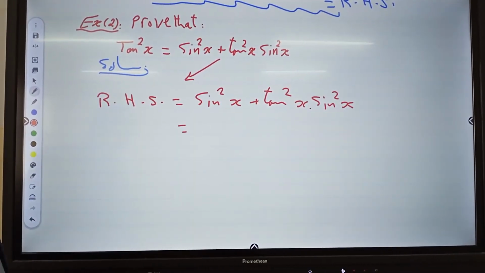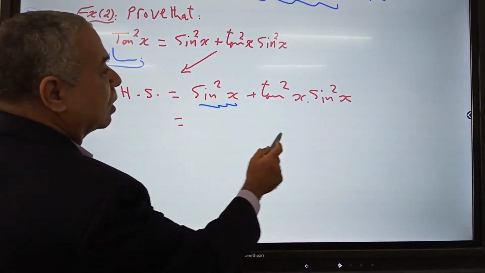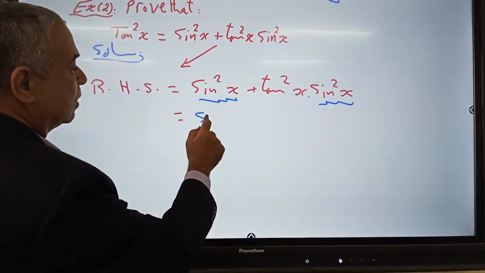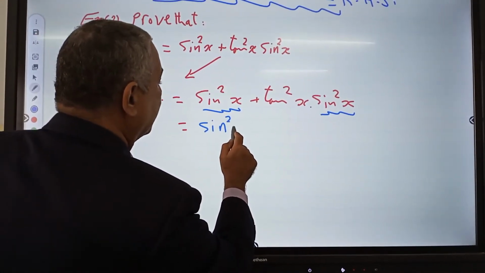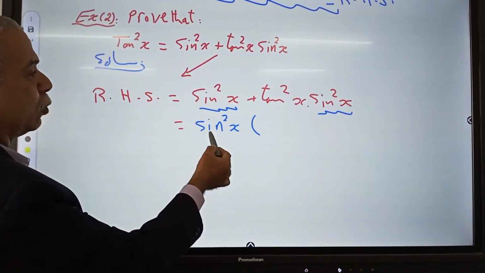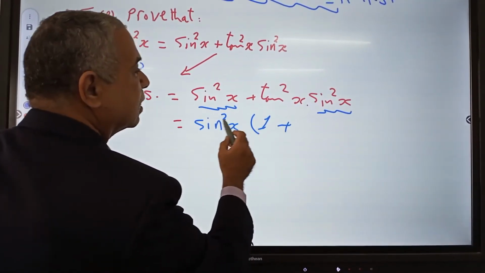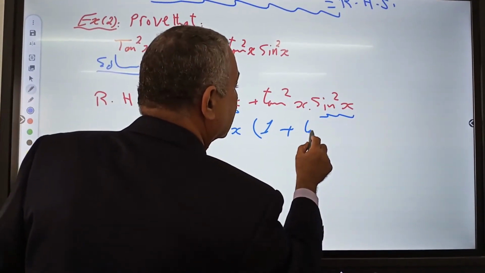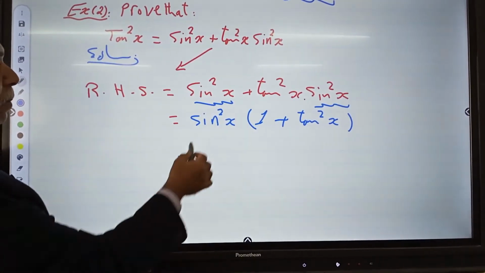We notice that there is a common factor between the two terms, sin²x. Take the highest common factor, sin²x, outside, then open a bracket, then divide each term by the highest common factor. Sin²x divided by sin²x equals 1, plus the second term divided by the highest common factor, it will be tan²x.